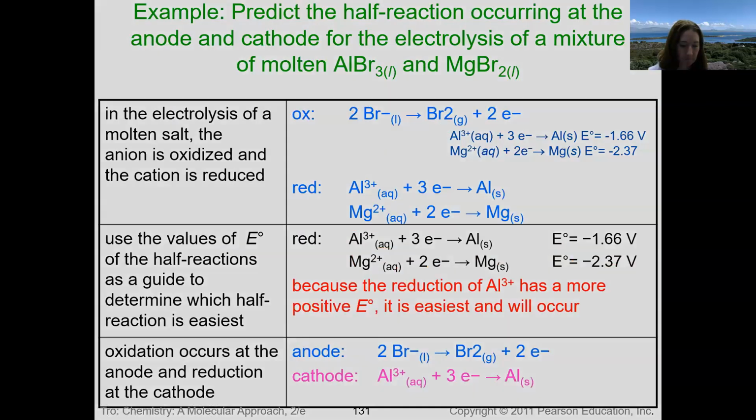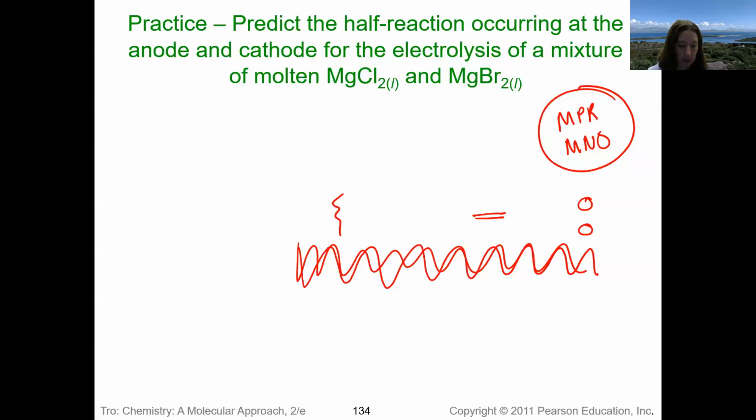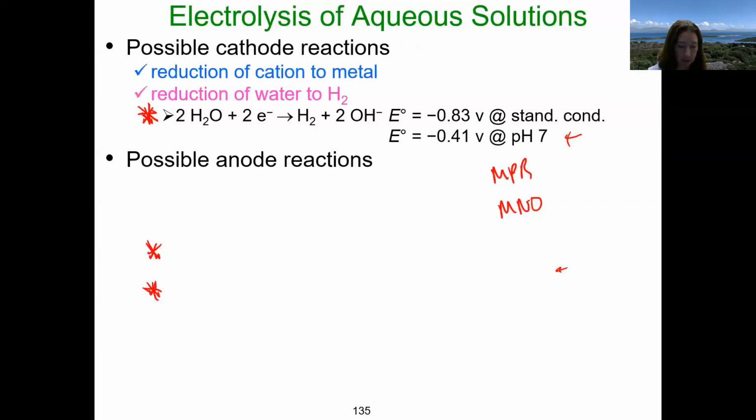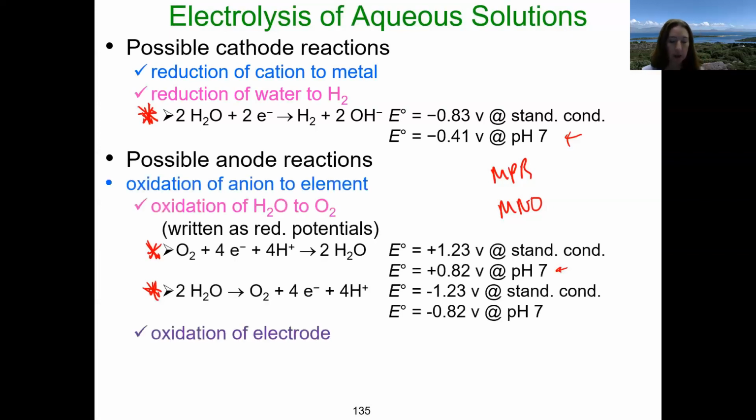So let me go back here, and I want to explain what all these other numbers are. So at standard conditions, the E cell, this means that we need to have a 1 molar solution. Well, that's not the way water really works, right?